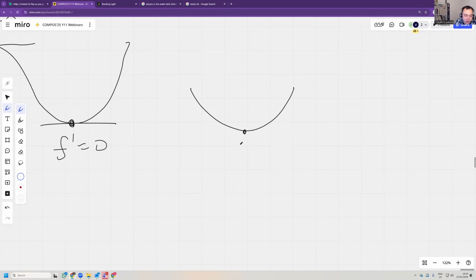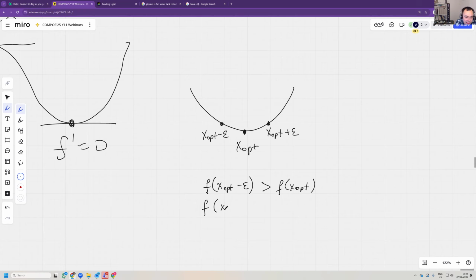If this is x optimal, then any value nearby would be higher. So this is x optimal minus a small epsilon, and this is x optimal plus epsilon. The value of f at x optimal minus epsilon is going to be greater than f of x optimal.